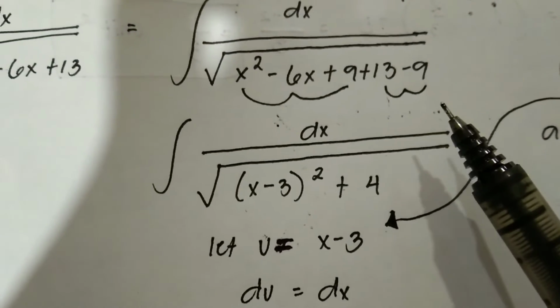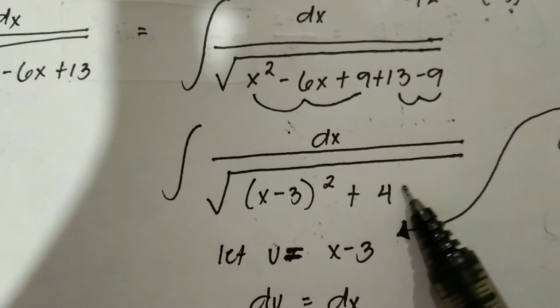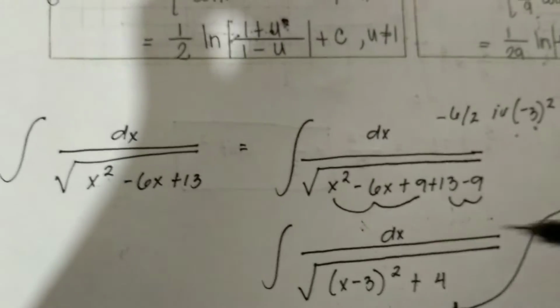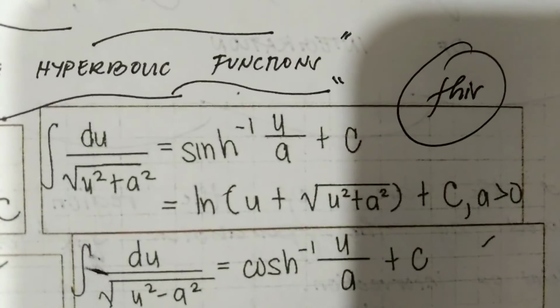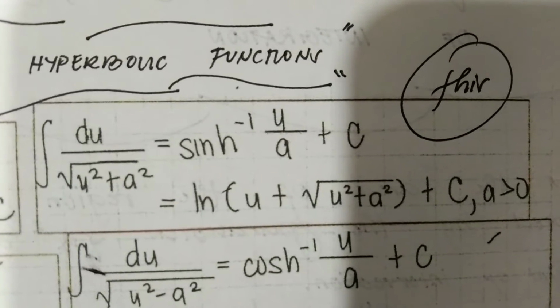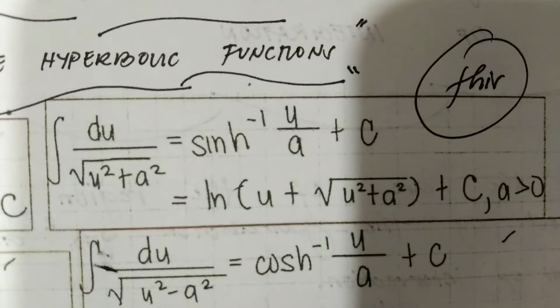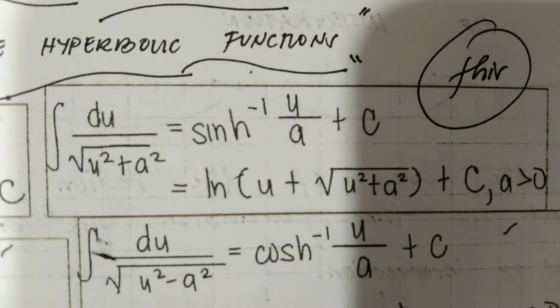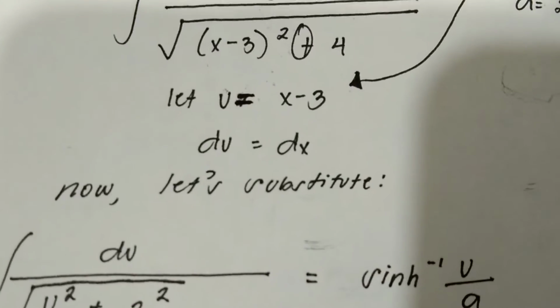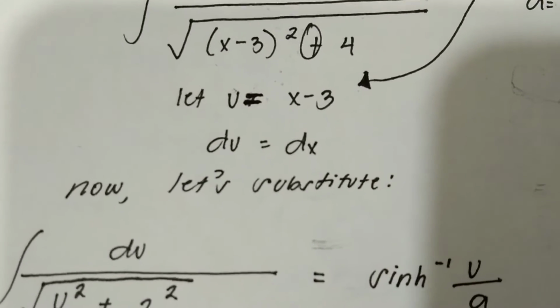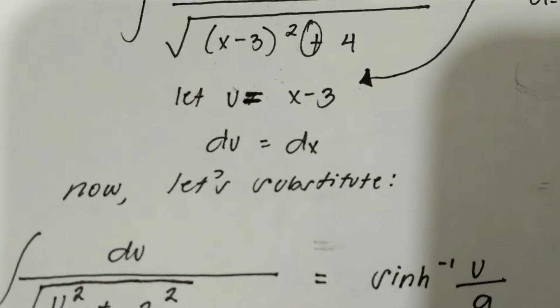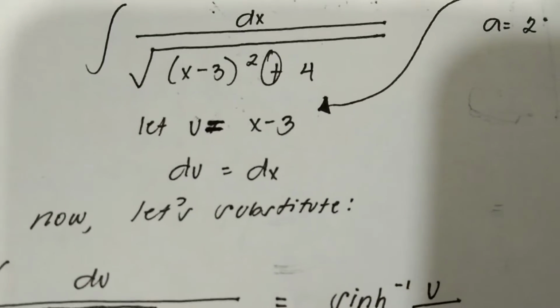So what integral formula can we use in this equation? We have here the plus. We can use this formula, which is the integral of du over square root of u squared plus a squared. Let u equal x minus 3, because the constant here is not 1.